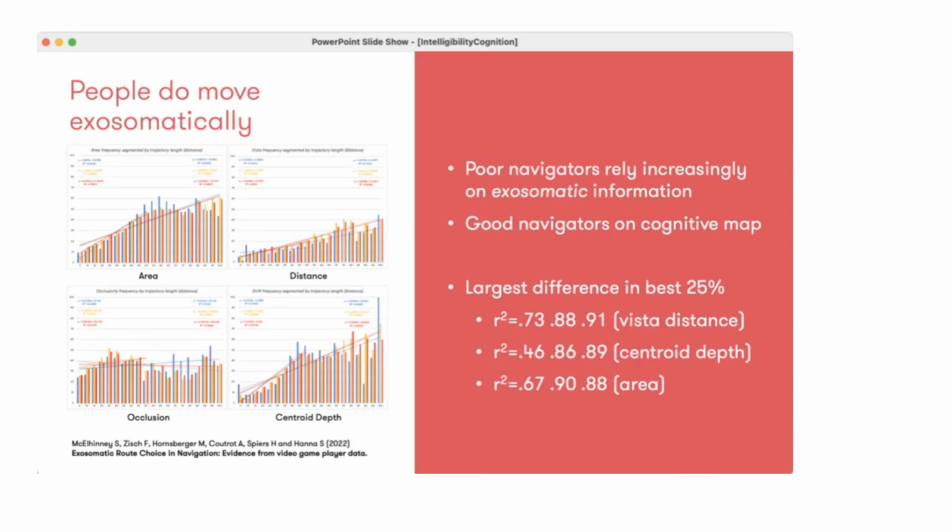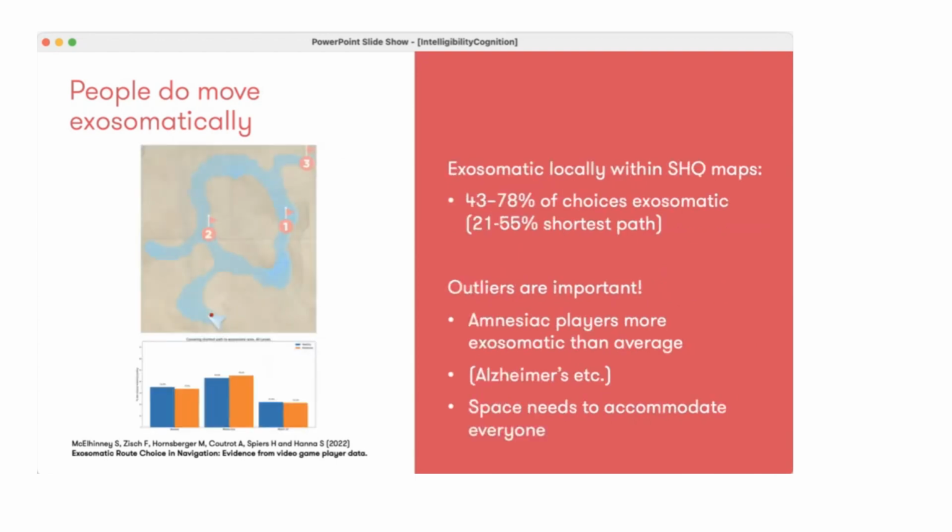Incidentally, this is the case particularly for people who are not so good at navigating. Some people are better at navigating, they can operate on cognitive maps, but the people who are slightly less able to do that will take a much more axiomatic approach. But we can compare the difference between the axiomatic approach and the route optimizing approach.